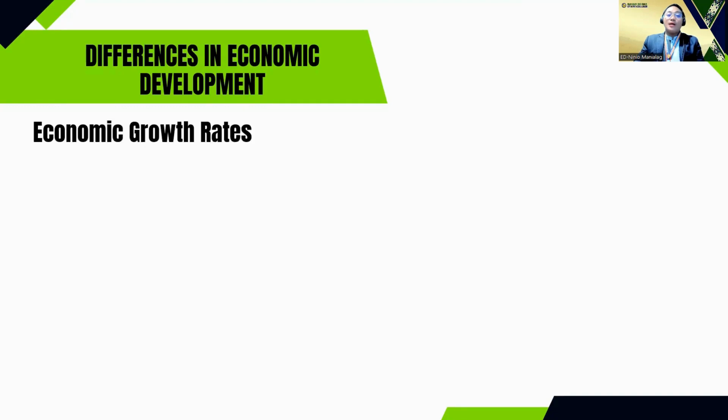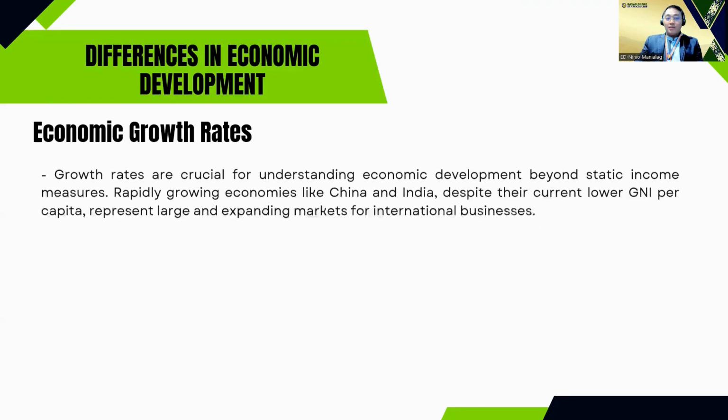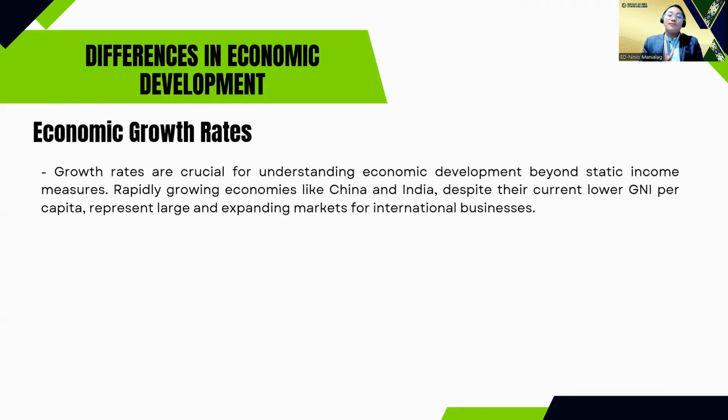Now let's talk about the economic growth rates. When we talk about economic growth rates, they are crucial for understanding economic development beyond static income measures.